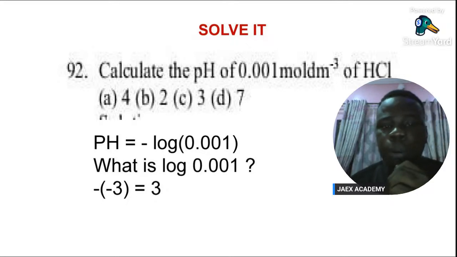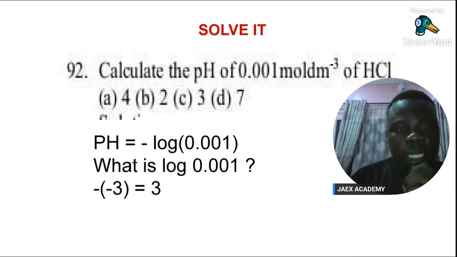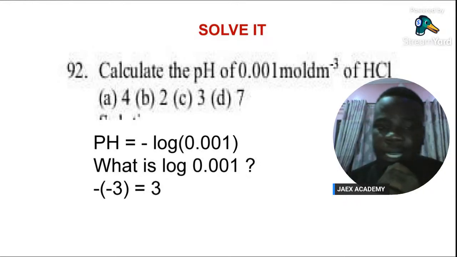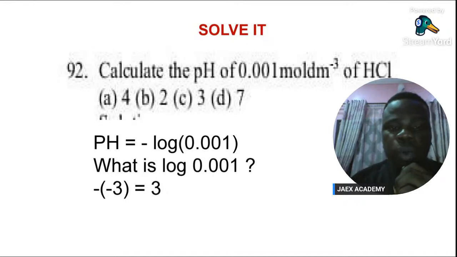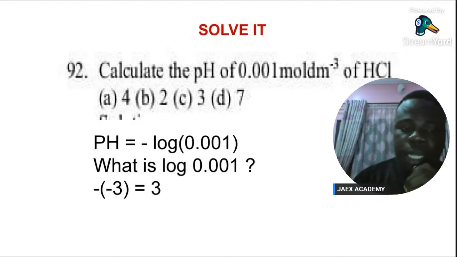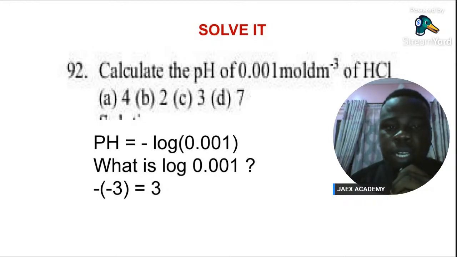Now, they gave us HCl. Is HCl an acid? Is HCl a base? Of course, HCl is an acid. So that means we are going to use pH equals negative log, then in brackets the value they gave us, 0.001.